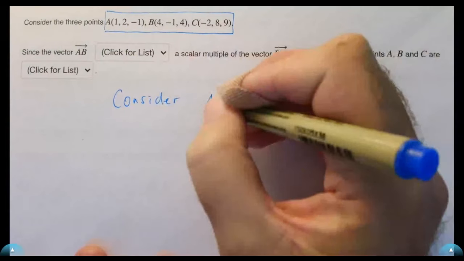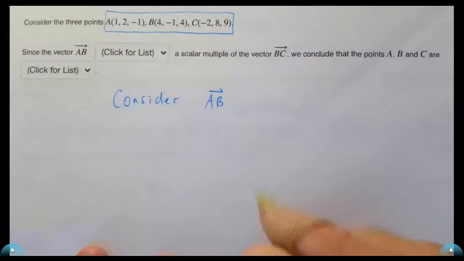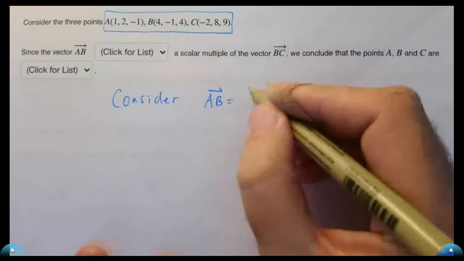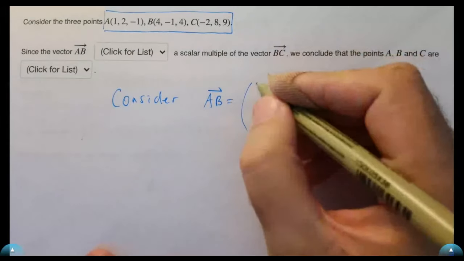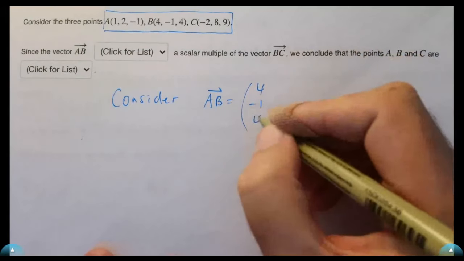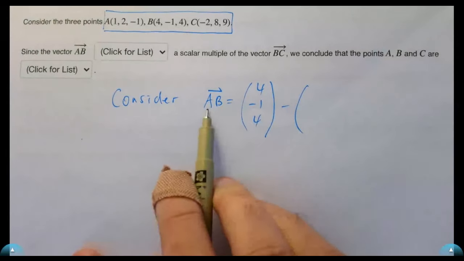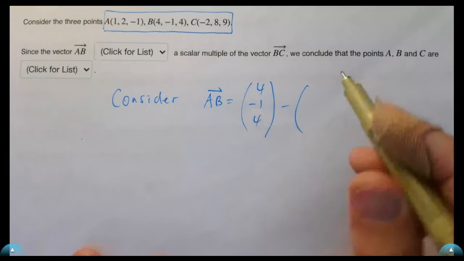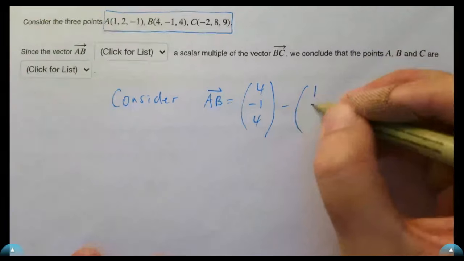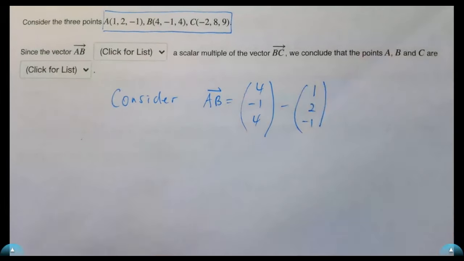So let's consider the vector from the point A to the point B. Now, to compute a vector from a point to another point, you look at the difference between the position vectors.